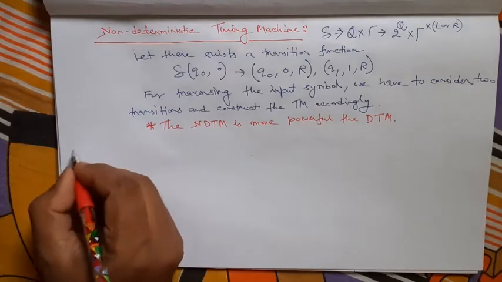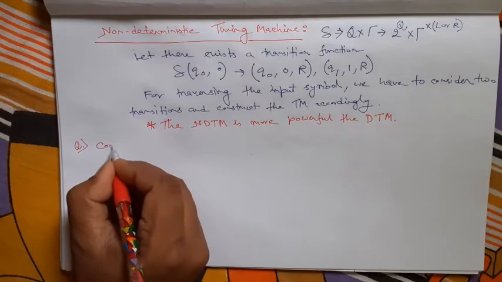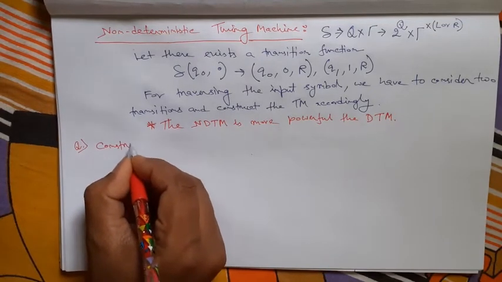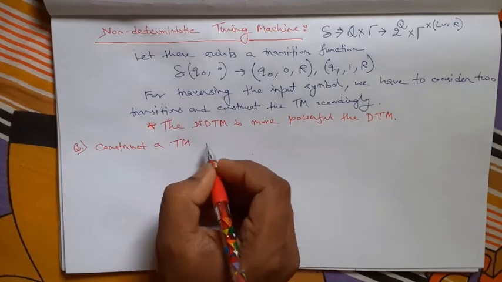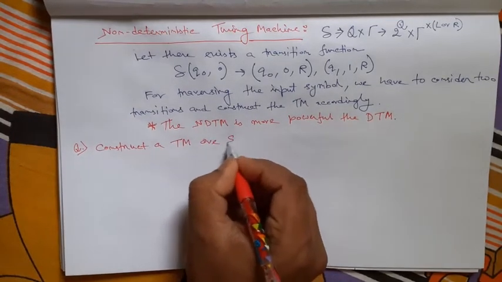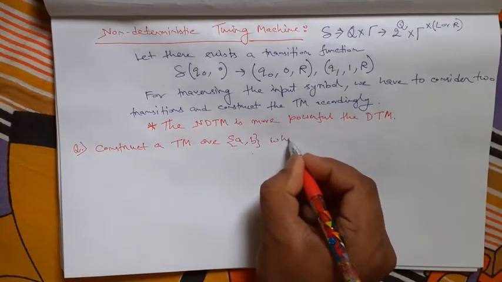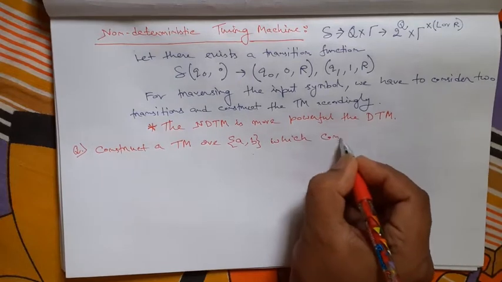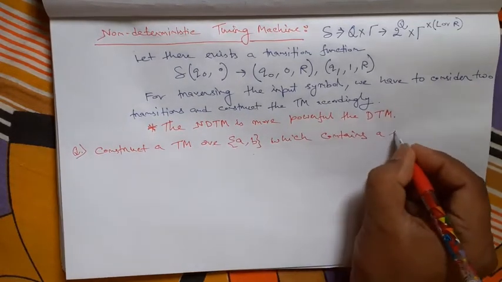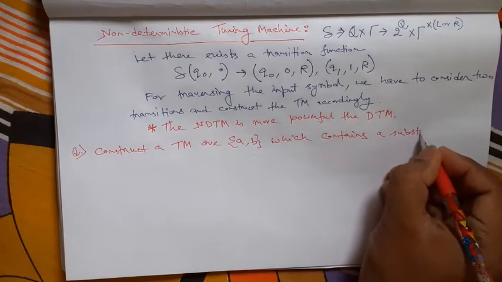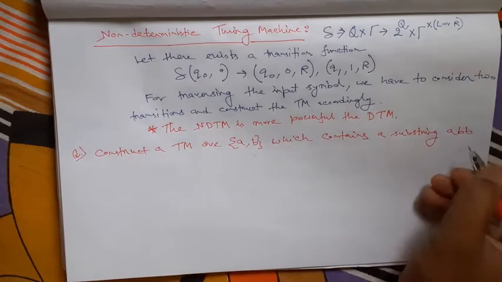The question is: construct a Turing machine over a comma b which contains a substring abb.